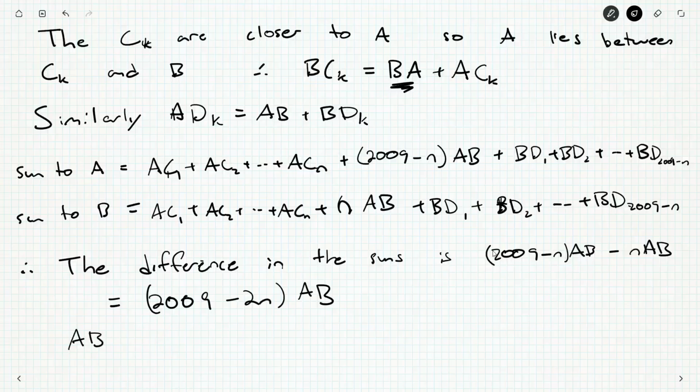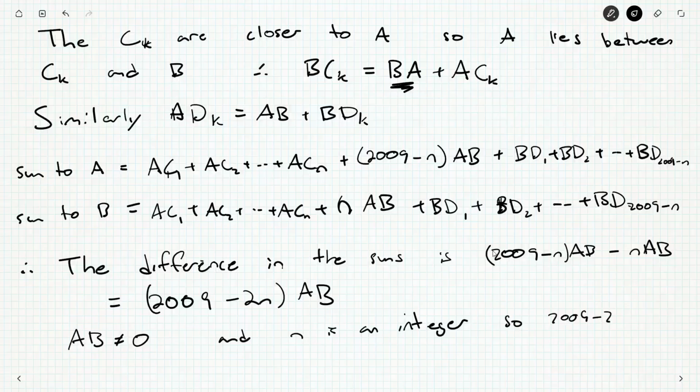Now AB can't be 0, and N is an integer. So this wouldn't work if the year were 2008 or 2010. It has to be odd, but there's nothing special about 2009 other than it's just odd. So this would work equally well in 2015. And N is an integer, so 2009 minus 2N is not 0, because it's not even.